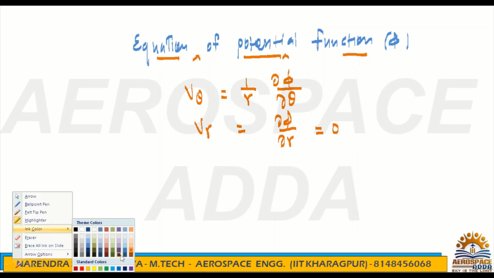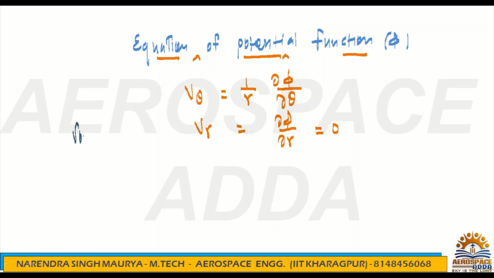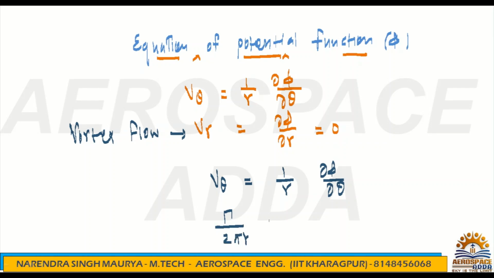Because this is the vortex flow, and for the vortex flow always remember radial velocity is 0. So we have to concentrate only on tangential velocity, 1 by r dou phi by dou theta. You also know v theta is circulation upon 2 pi r.